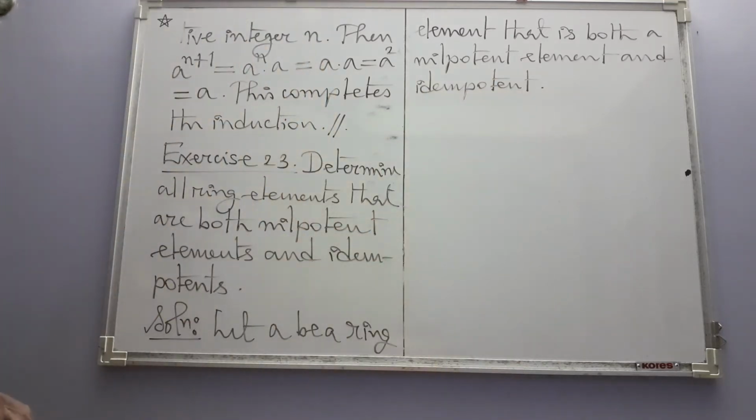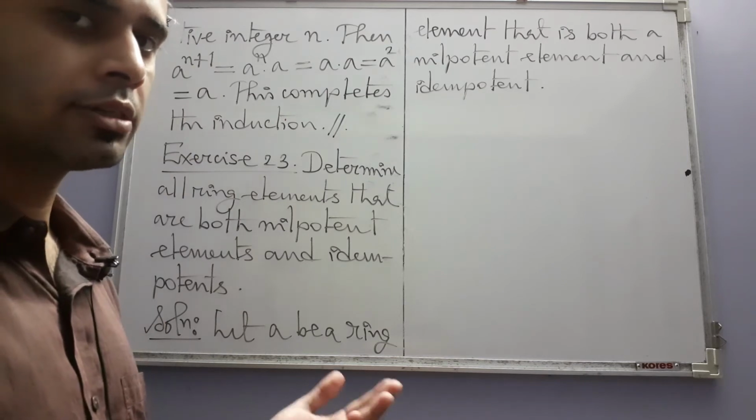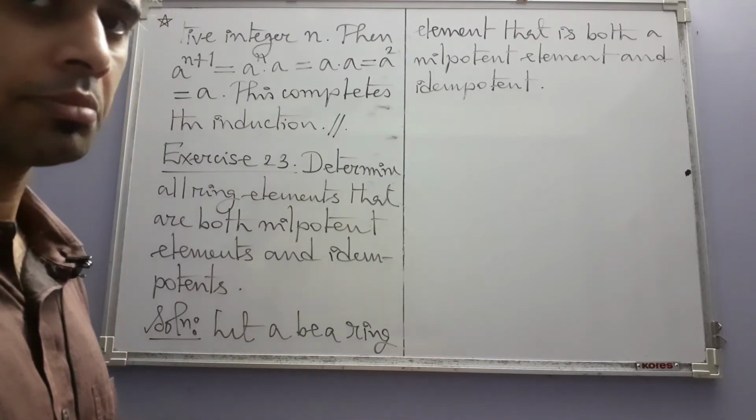Okay, so being nilpotent, a power of a will be equal to 0, where the exponent is some positive integer.